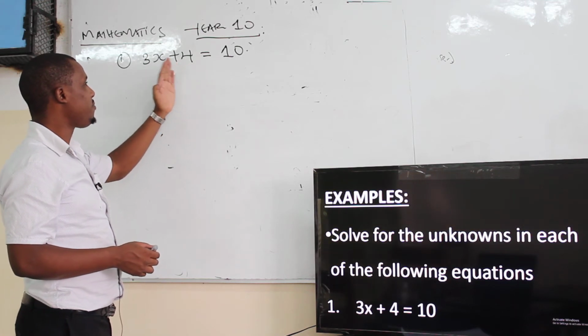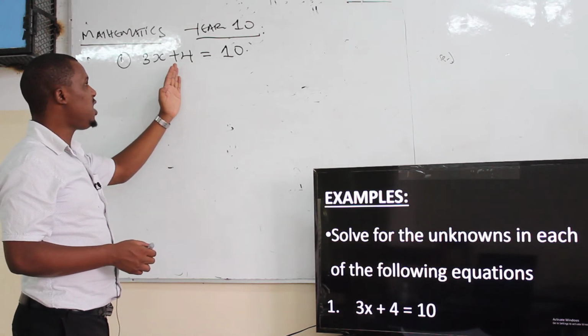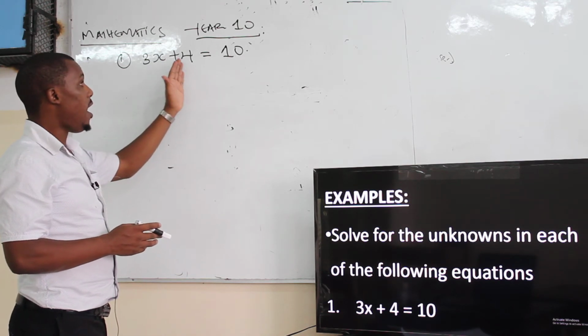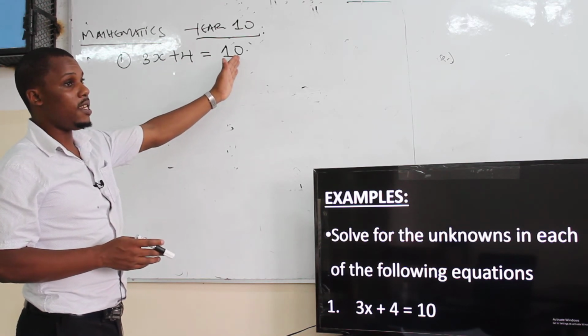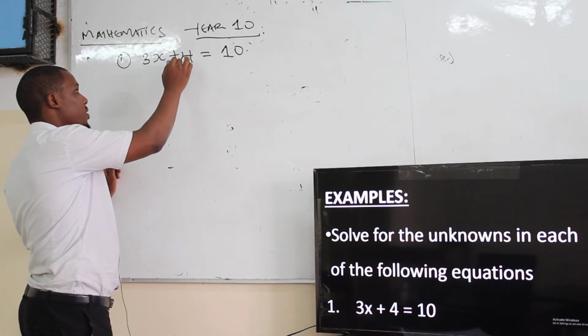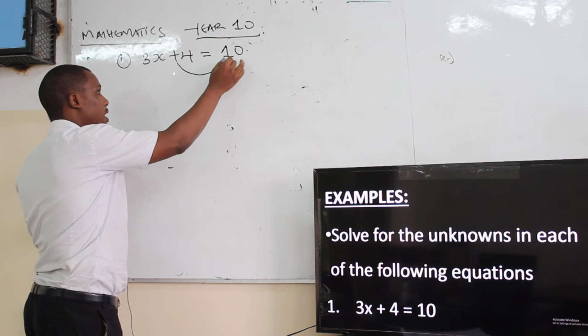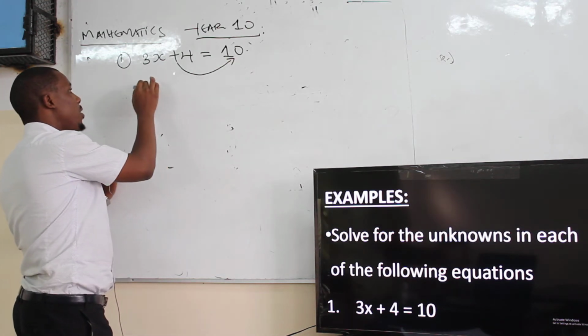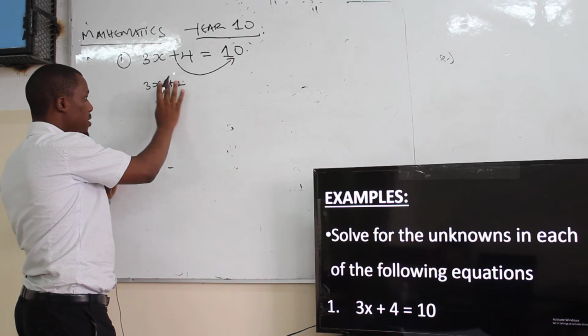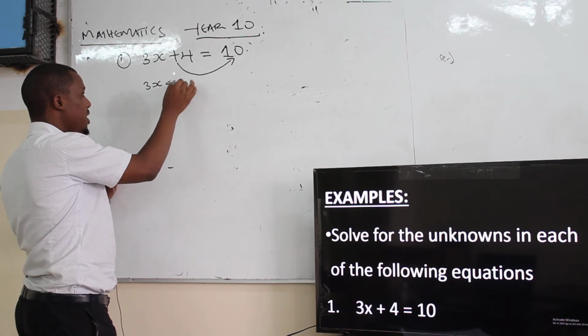On this side it is plus 4. To reduce it to 0, you minus 4 on this side, and you minus 4 on the right-hand side. If not that way, you can transfer it to the other side. So there we are going to have 3x is equal to 10.